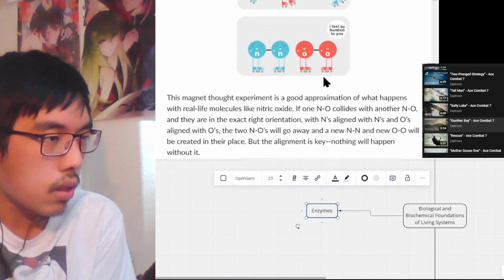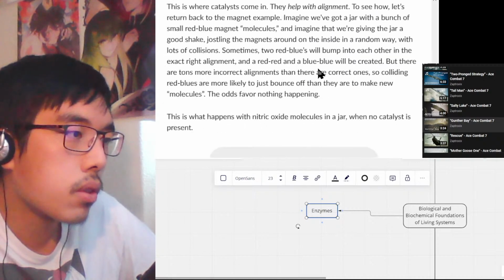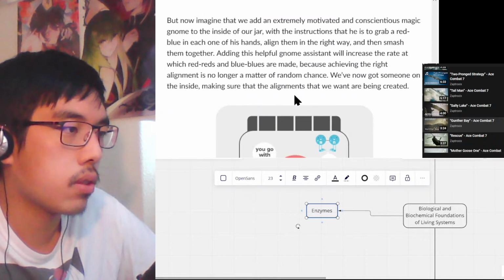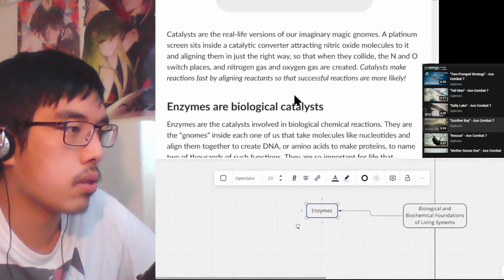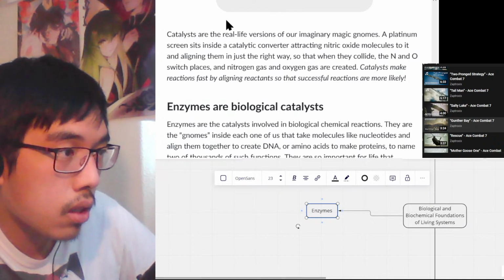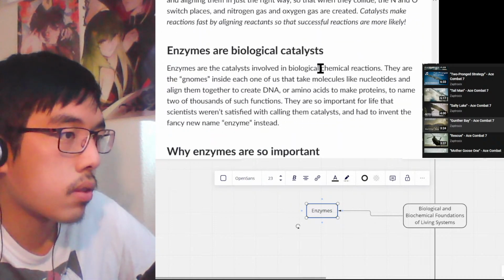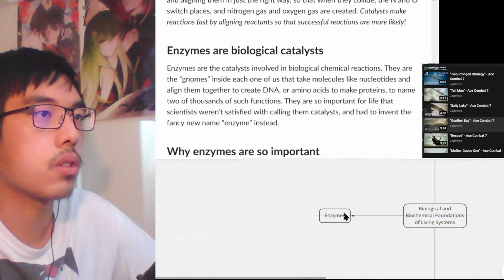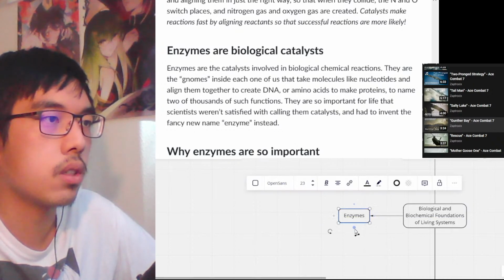Alright, so it seems like a pretty solid explanation for enzymes through magnets. These two parts are going to stick together if catalysts are there to make sure that they are properly oriented. Yep. And enzymes are biological catalysts, so already I feel pretty solid in placing enzymes here.